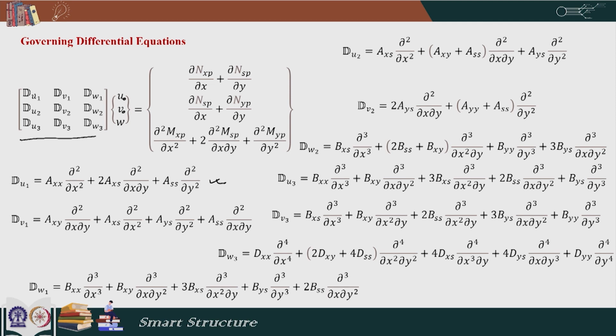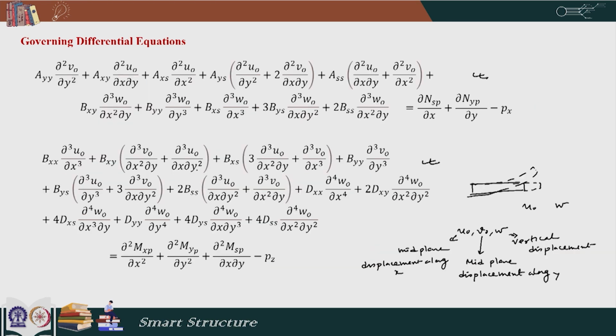So, u0 is operated by Du1, which becomes Axx multiplied by del 2 u0 by del x2 plus 2 Axs multiplied by del 2 u0 by del x del y plus Ass multiplied by del 2 u0 by del y2, and accordingly v0 is operated by Dv1. The operator is here and w is operated by Dw1 in the first equation, and likewise all the operators are defined here and can be written just by looking at these equations.